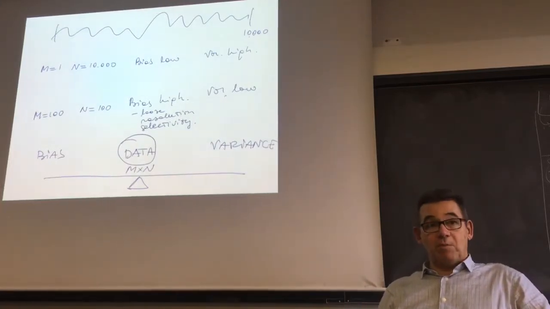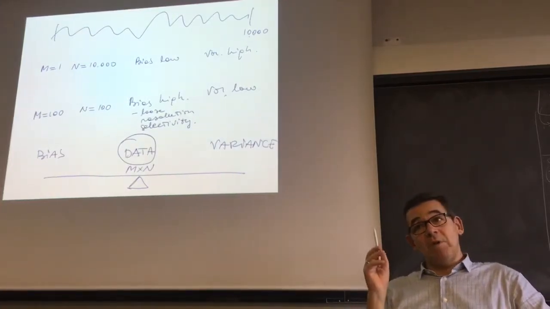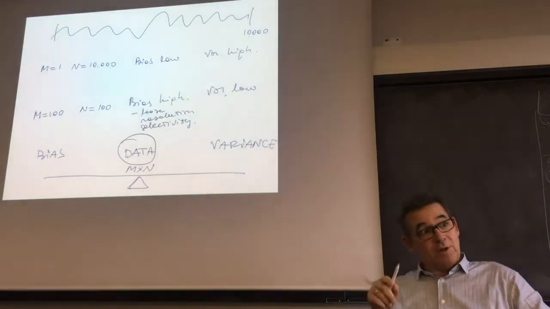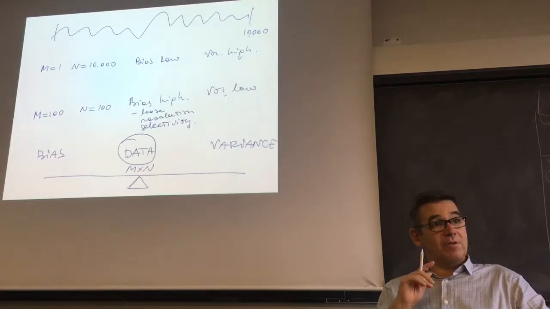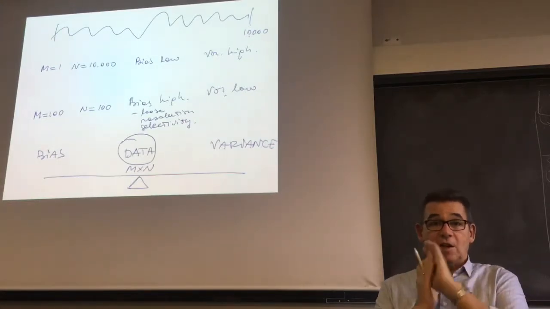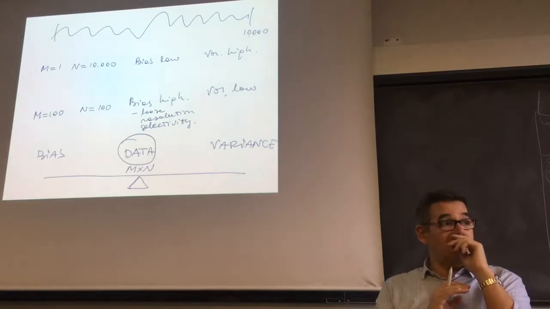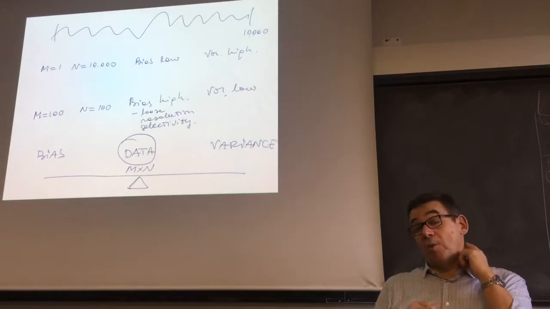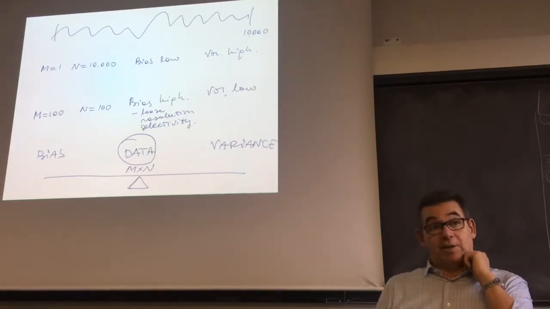So if your problem, for instance, has some important aspect on the edges, because you want to find some sinusoid which is very, very close to a transition, as we saw Saturday, then in that case you are better off tolerating high variance and making N very big.